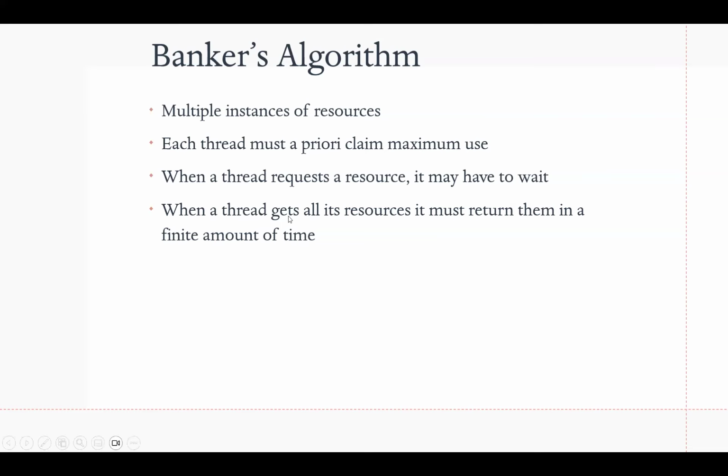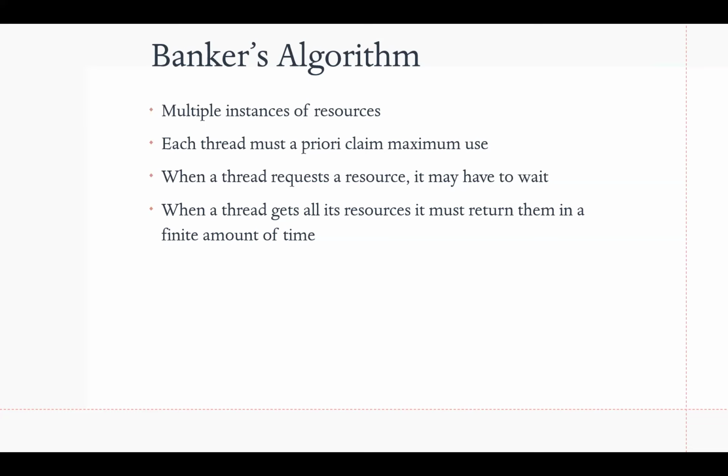When a thread or process gets all its resources, then it must return all these resources in a finite amount of time. It means the process cannot hold the resources for infinite time, because many other processes are waiting for those resources.